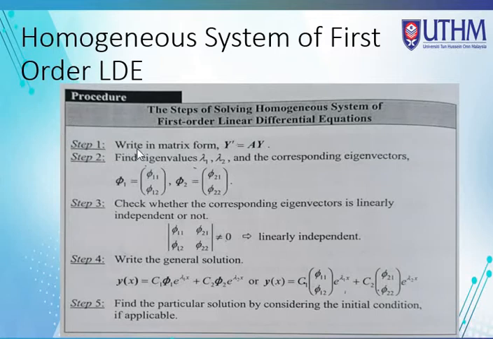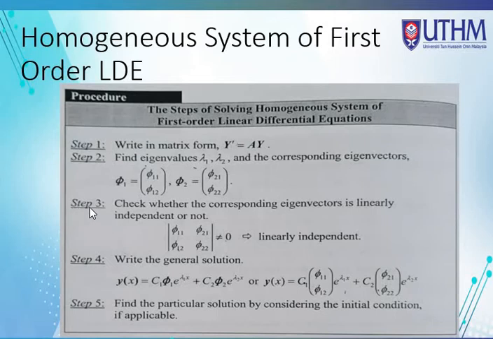So first of all, we write in the form of y prime equal to Ay. Then step 2 is find the eigenvalues lambda 1 and lambda 2, and the corresponding eigenvectors. So lambda 1 and lambda 2 you can solve using a calculator, or you can factorize it. After finding lambda 1 and lambda 2, you find the eigenvector of this.